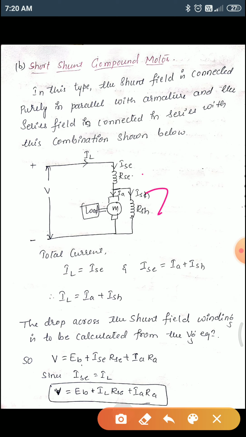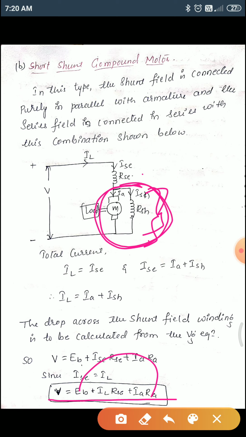So observe, if you'd like to calculate the voltage across this, as we know these two voltages are same. Let's calculate the voltage across this. This is what we know, this equation, right? V is equal to EB plus IARA plus IL RSC. In this, the voltage across this is nothing but your EB plus IARA.